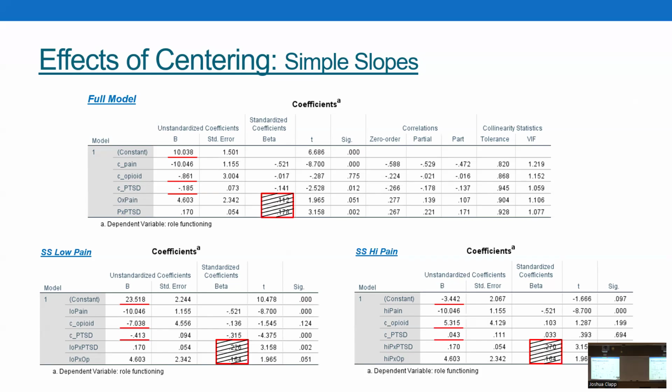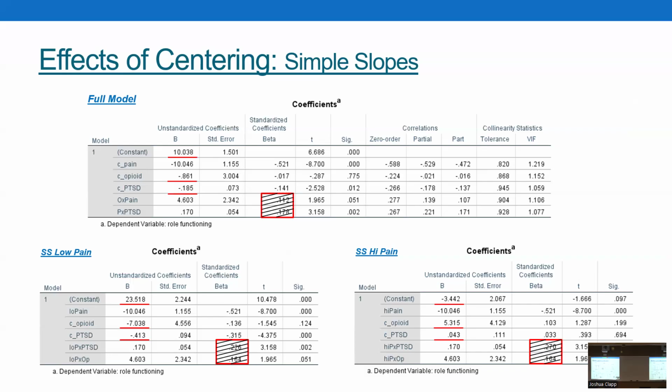Because we're switching around where your pain variable is, and opiate use is involved in an interaction with PTSD, opiate use is involved in an interaction with pain, and PTSD is involved in an interaction with pain. So we expect that if I start shifting around where pain is, these coefficients are going to change as well.